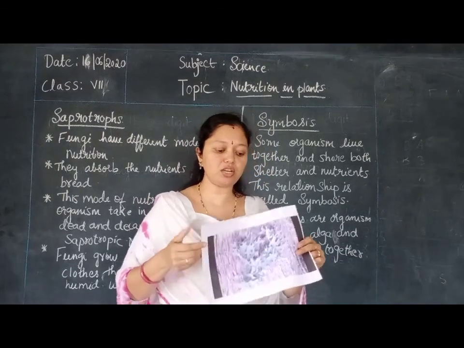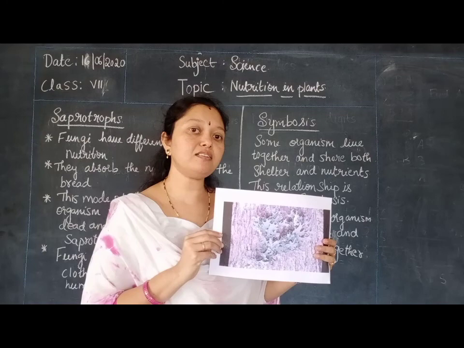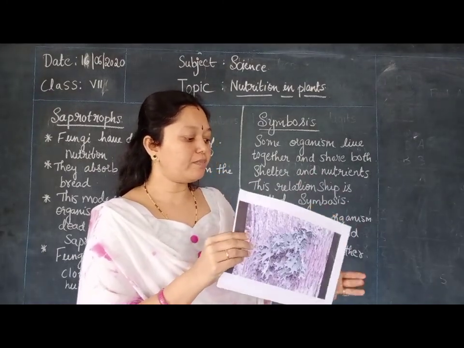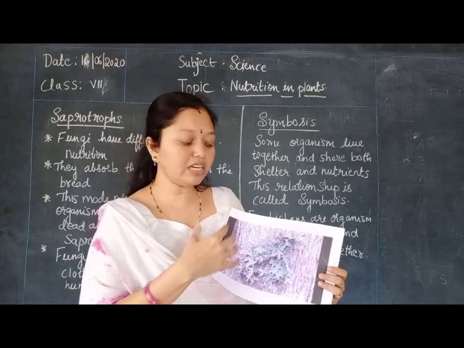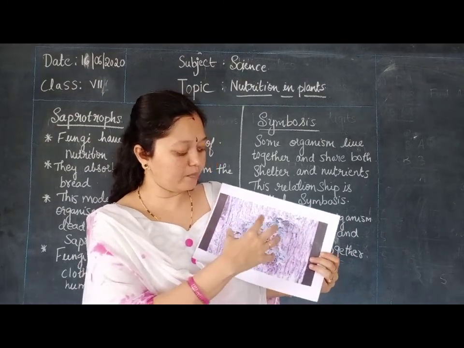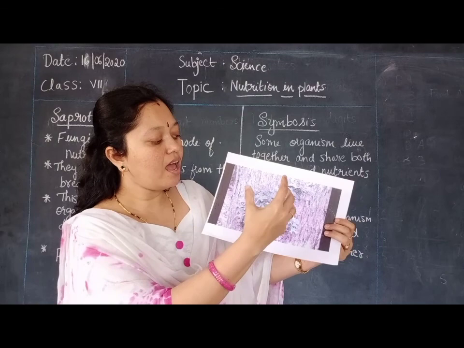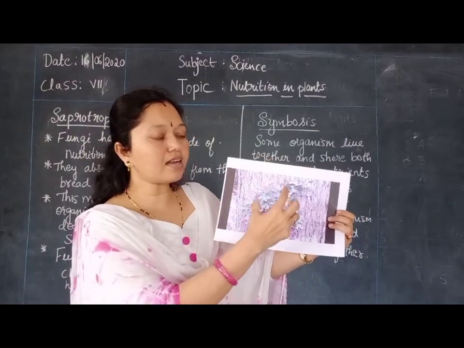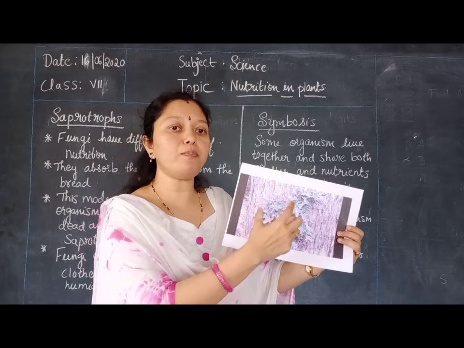I have brought the picture here. In the rainy season you might have seen patches grown on the wood, that is on the trees. This is alga, and the fungus is also present in it. So the alga and fungus depend one upon the other.